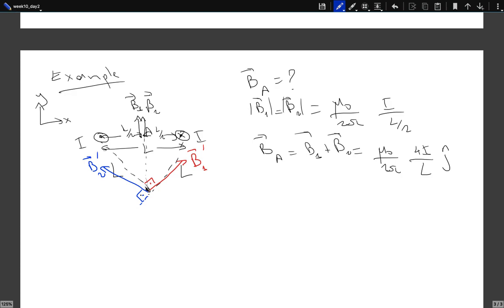But this is perpendicular to this line. 30 is over here, I have 60 on the other side, so that angle is 60. And similarly, this angle over here will also be 60, because these lines are perpendicular. Here, I already have 30 degrees with this line, so that is also 60.